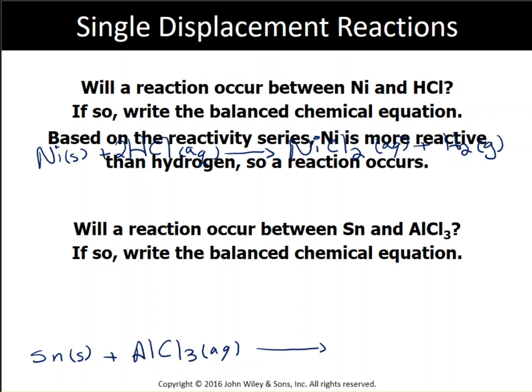For this reaction to occur, tin has to be more active than aluminum. Now look at the activity series, find tin and aluminum, and see if tin is more active than aluminum. Based on the activity series, tin is less reactive than aluminum, so this reaction does not take place. No reaction.